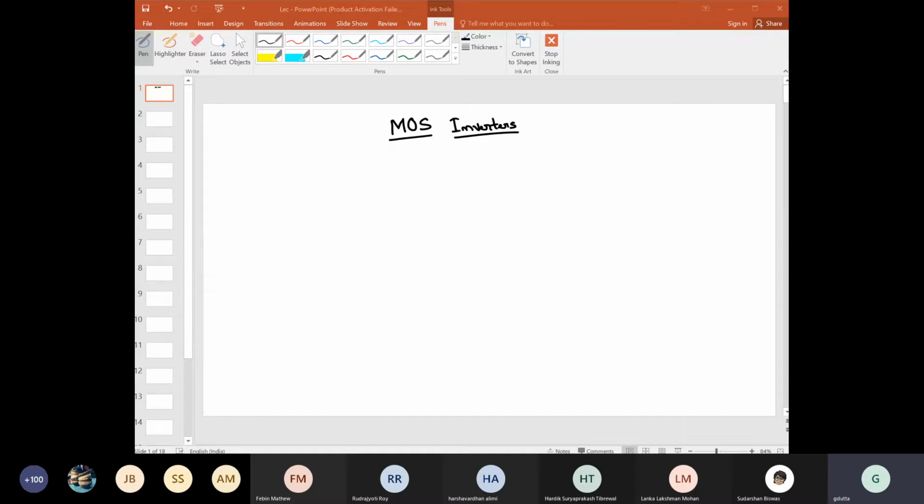Basically, it is one of the most fundamental gates in digital IC design, and we will spend a good amount of time in understanding the design and analysis of this inverter. If we understand that, then the analysis as well as the design of other, a bit more complicated gates like AND gate, NAND gate, NOR gate will be a bit easier for us, right?